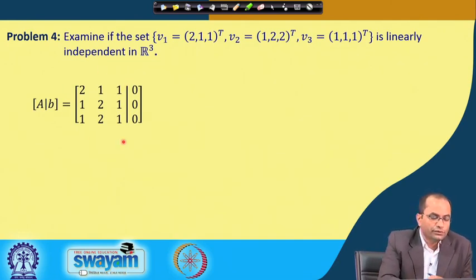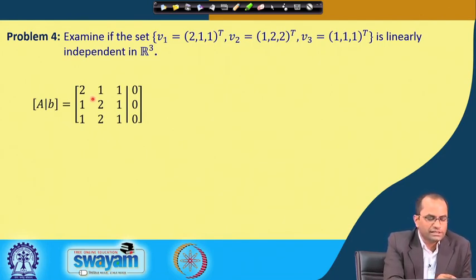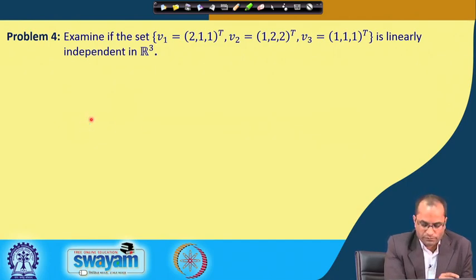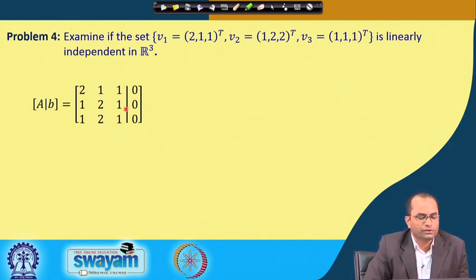Now we will reduce this to the reduced echelon form, which is much easier in this case, as we see the 1 2 1 and this 1 2 1 are the same. So, one of them will become immediately 0, and from equation number 1 we can also reduce equation number 2.